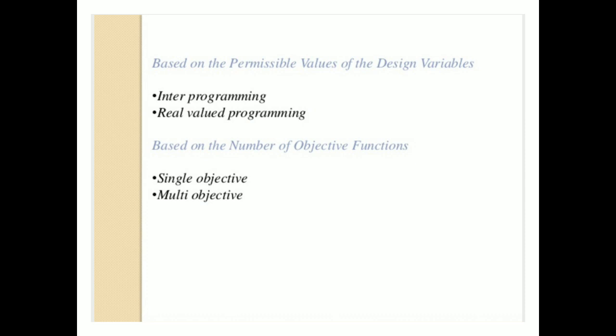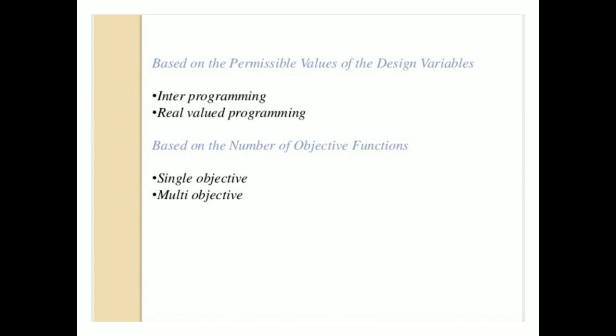It is written as inter programming. It is not inter, it is integer programming problem. In an integer programming problem, if some or all of the design variables x1, x2 up to xn of an optimization problem are restricted to take on only integer values, the problem is called an integer programming problem.